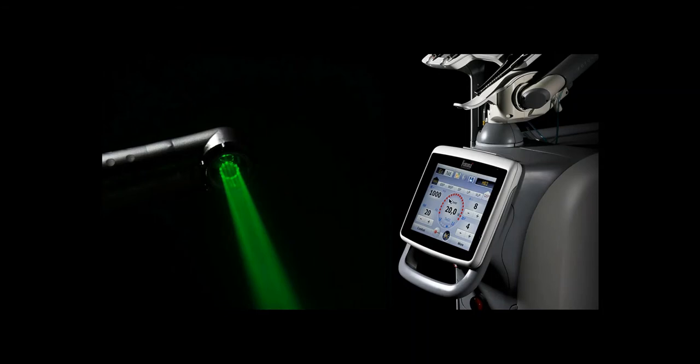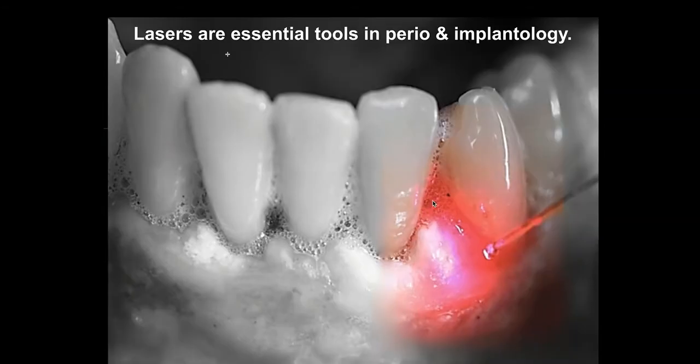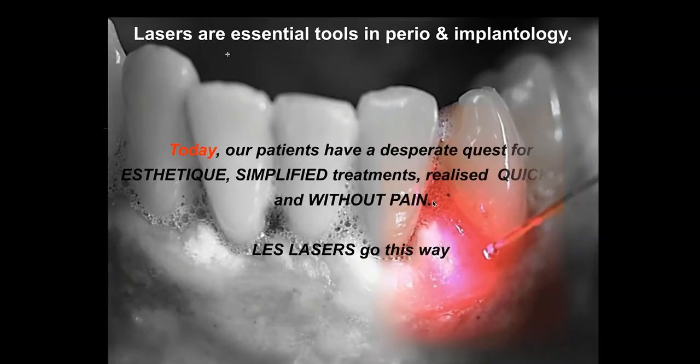I love to work with this laser because we have 5 time impulses we can choose, and it's very important, with a lot of aesthetic handpieces, which allow me to do many things. And I have a second laser, a diode laser with 3 wavelengths, and with these 2 lasers we can do nearly everything.